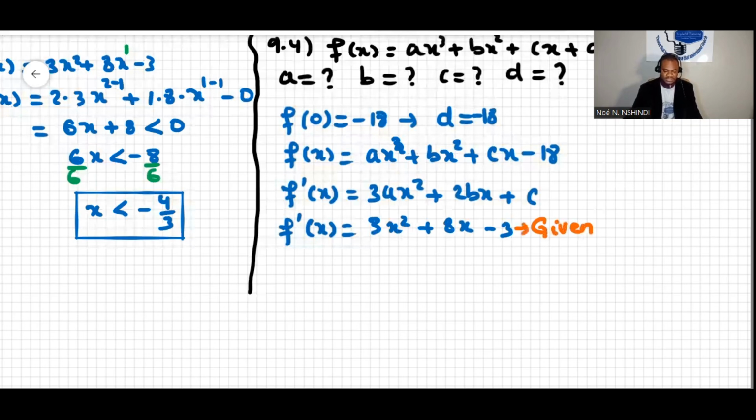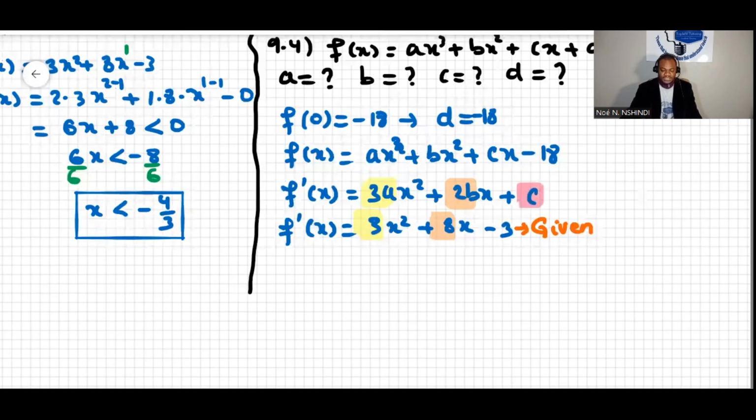Now, because they're both f prime of x, it simply means that 3a is equal to 3, and also 2b equals 8, and c equals -3.